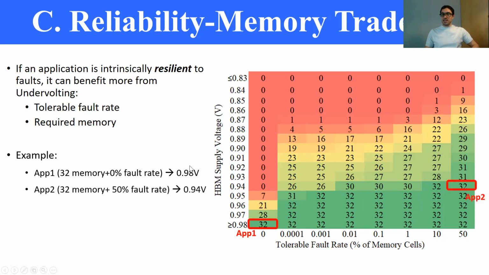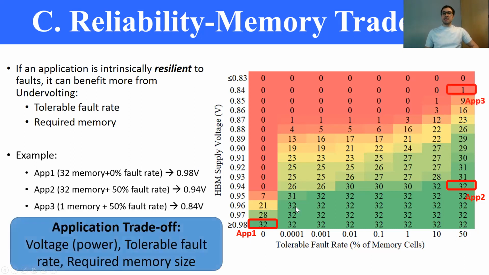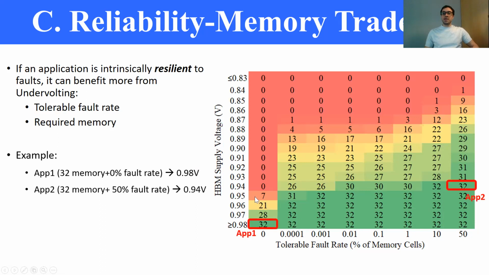But if we have another application, similar to the previous one, that requires all the memory, 32 channels, but can tolerate 50% of the error, this means that we can reduce the voltage to 40 millivolt lower than the previous one. And we can go even further.